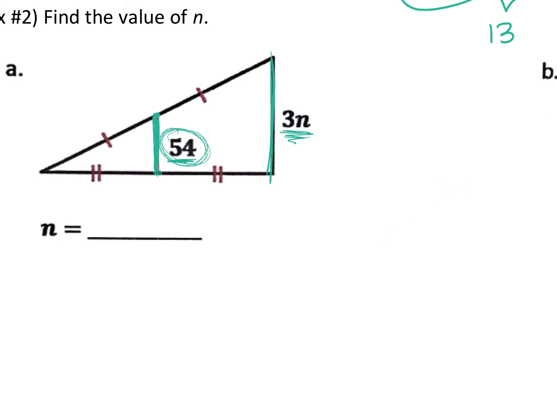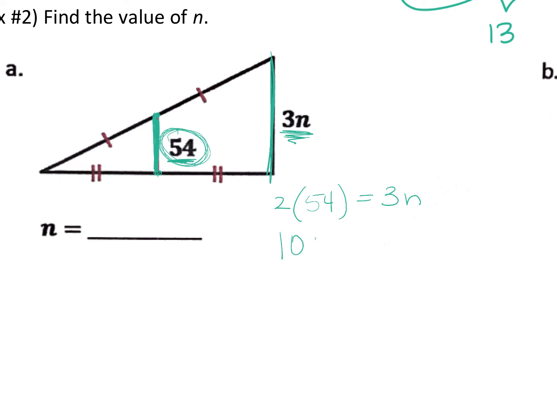So here's where I need you to be logical, reasonable people, because I know you can be. You're just going to choose not to be because you're going to rush. Don't rush. The shorter segment would have to get doubled to make it equal the longer one, right? So take that 54, double it, and that should equal the longer segment, right? Double the 54, it should equal the 3N.